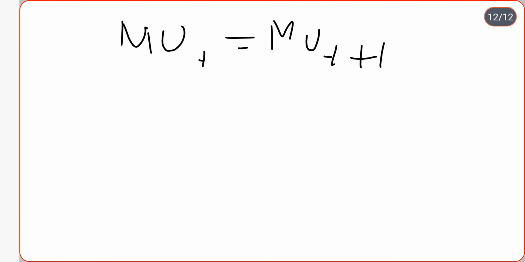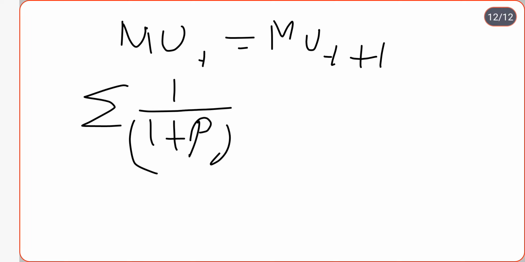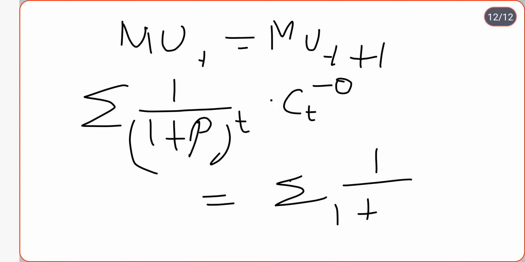So this has become summation 1 by 1 plus rho to the power t into ct to the power minus theta. That will be equal to summation 1 by 1 plus rho to the power t into ct to the power minus theta.